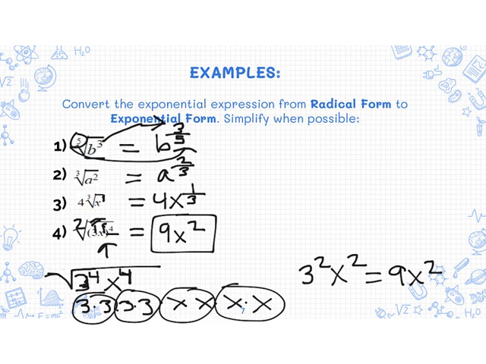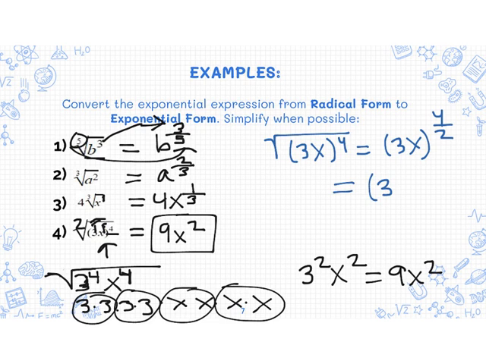So we had the square root of 3x to the 4th power. If I automatically write this into my exponential form, I would have 4 over 2. Well, we have to divide that fraction, so 4 divided by 2 is 2, and make sure you have 3x in parentheses because that's how the radicand originally was.